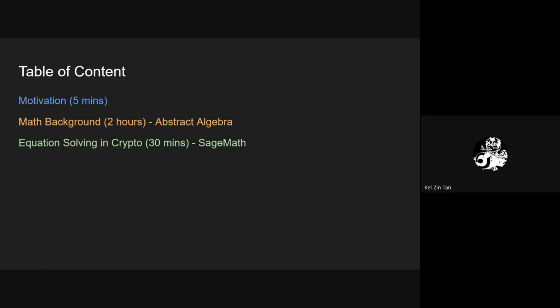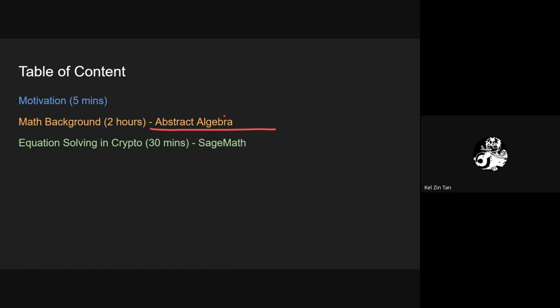For this whole thing, there are a lot of things to cover actually. I will start by talking about motivation for 5 minutes, and then the math background, which would take approximately 2 hours. It will be a very heavy content on abstract algebra. Actually not very heavy, but there's just a lot of things to cover. Then the equation solving part is only at the very end, and it should take about 30 minutes. There really isn't a lot of techniques to learn here, but why do we need this abstract algebra background?